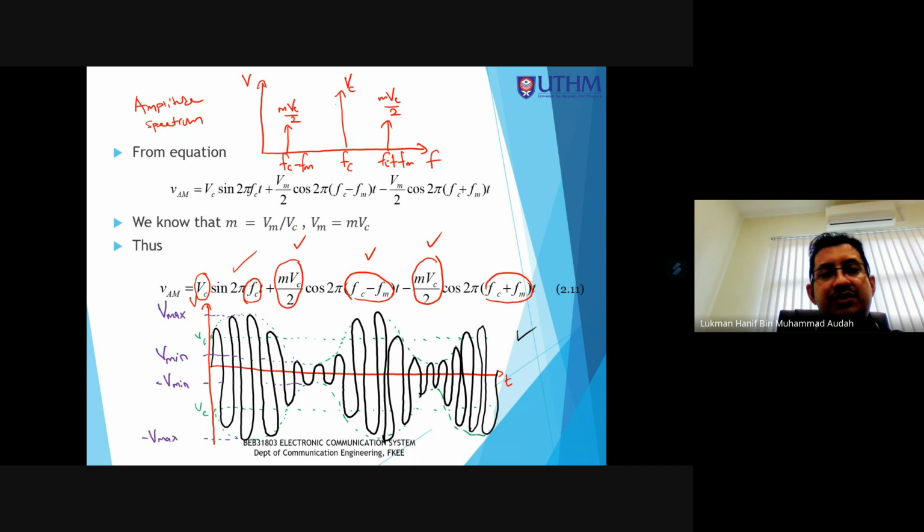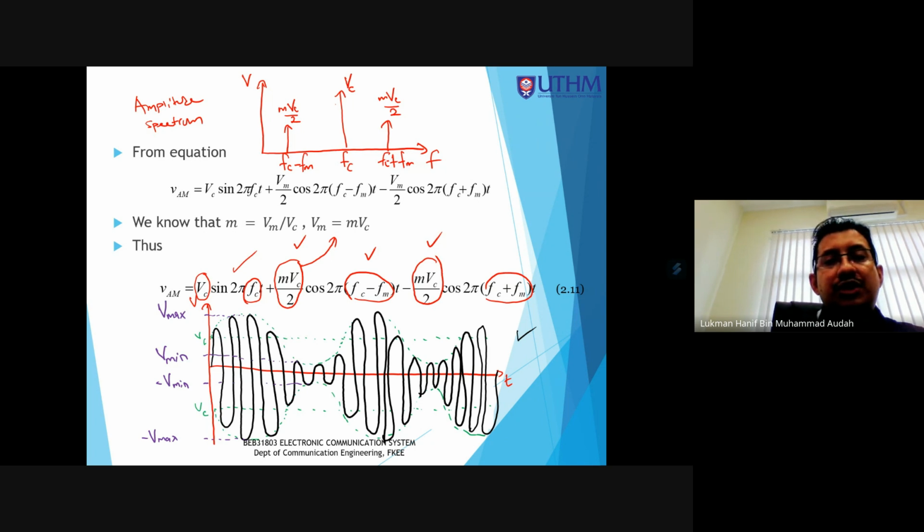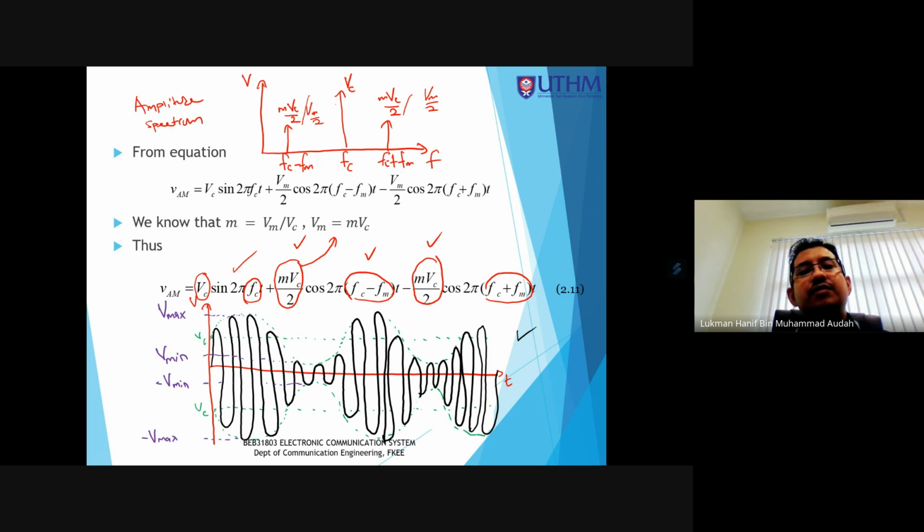It comes from the modulation index equation. Modulation index is Vm over Vc, so that means Vm is equal to MVc. So this is also Vm over 2, and you can also write it as Vm over 2.